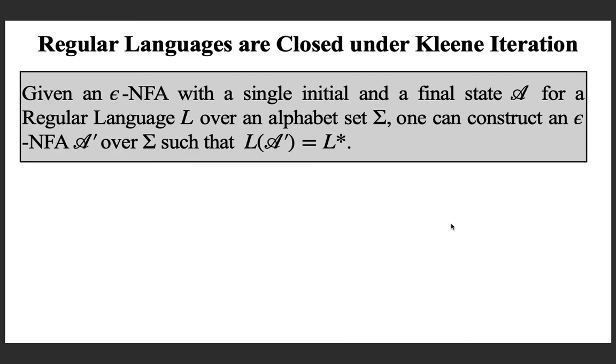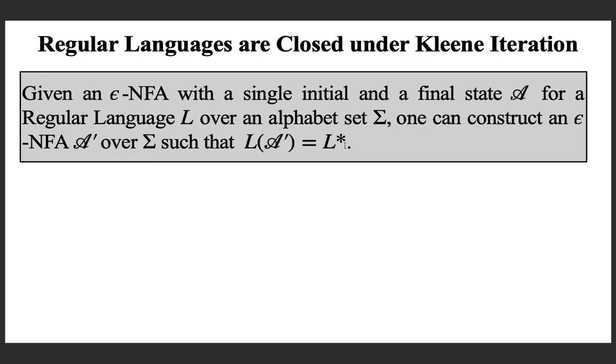Given an epsilon NFA A with a single initial state and a single final state, say for a regular language L over an alphabet sigma, then one can construct an epsilon NFA A prime over the same alphabet sigma such that the language of the constructed NFA with epsilon transitions, that is A prime, is the Kleene iteration of the language L.